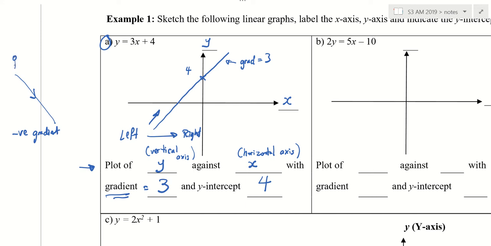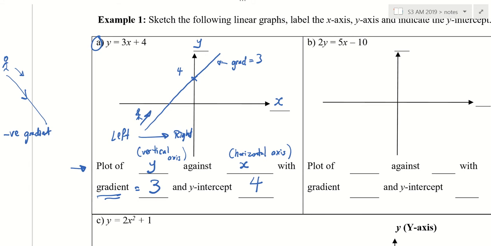If going left to right a person is going down the slope, the gradient is negative. If going up a slope, it's a positive gradient. But we never use this; we always use the formula, y2 minus y1 over x2 minus x1. The sign is just for you to take note.